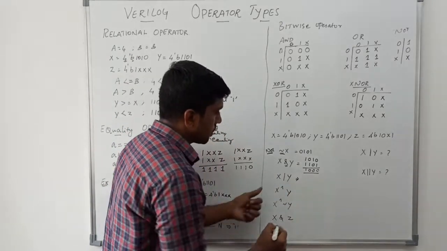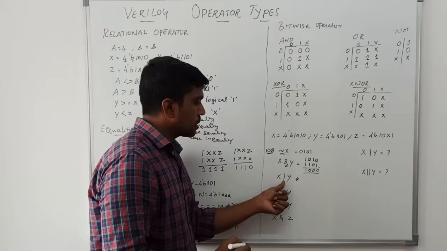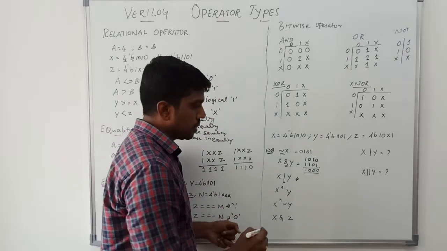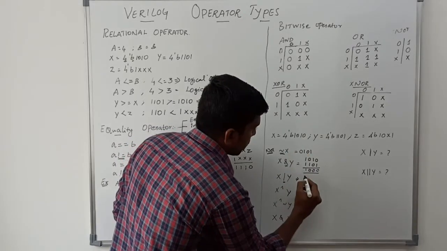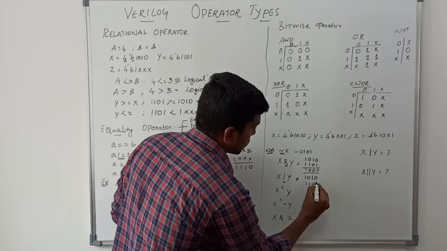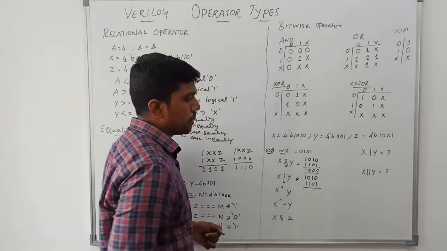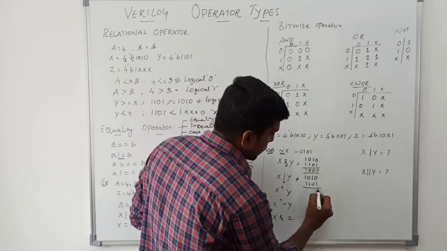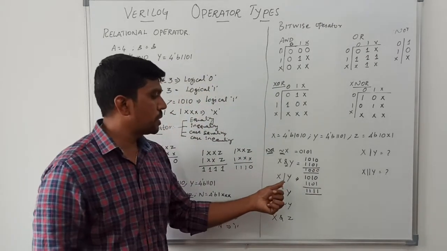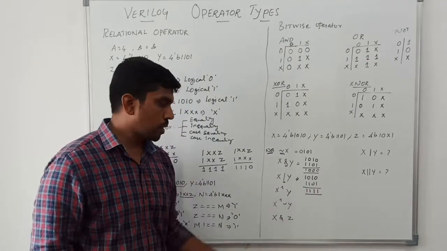Next we go for x single line y. This single line represents the bitwise OR operation. First you write the x value 1010, then y value 1101. You just apply the bitwise OR operation. Result 1 1 1 1. So after performing this bitwise OR operation, the result is 4 ones.